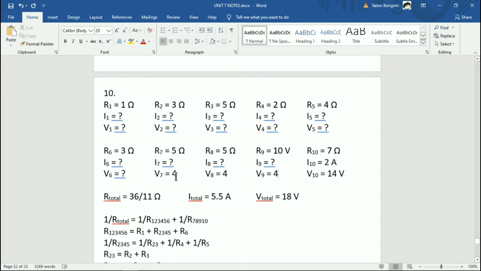And then I can solve for I. V equals IR, so 4 equals something times 5. So this is going to be 0.8. This is also going to be 0.8. And then 4 equals something times 10, so 0.4.